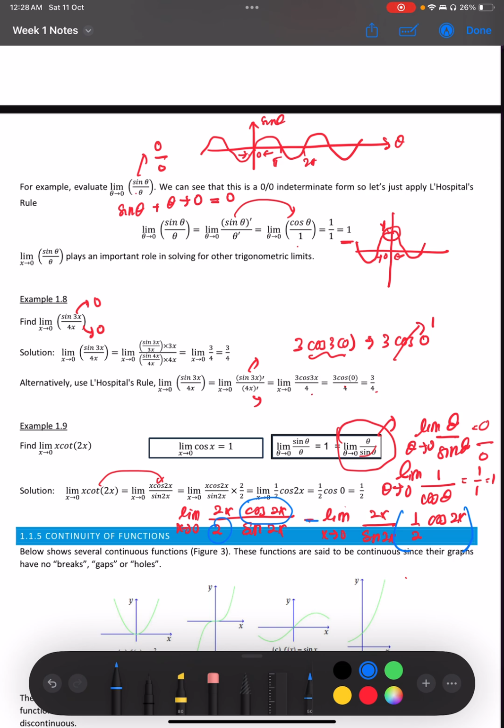This part already looks like this, so this becomes 1. And then cos 2x, x approaching 0, you will get 1. Therefore, the answer is half. All right. I continue 1.15 in the next video together with 1.16.